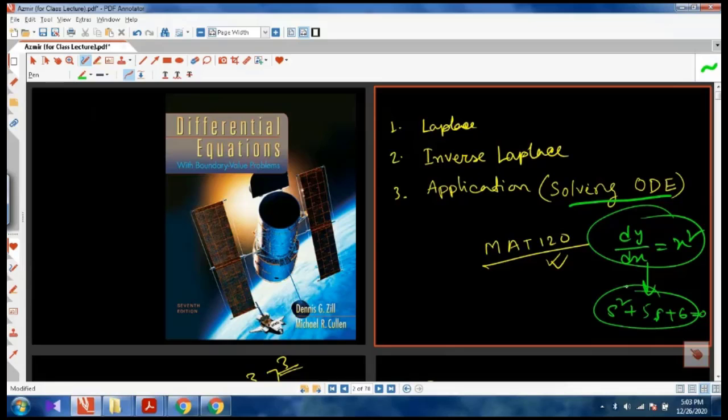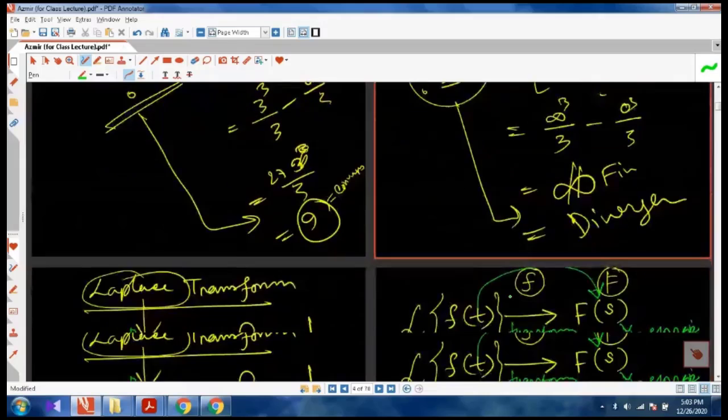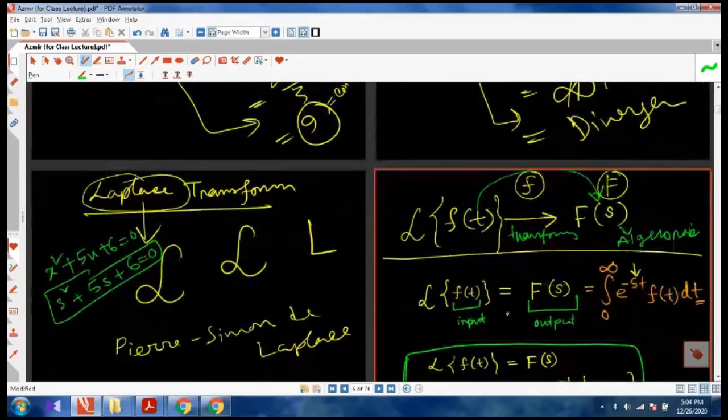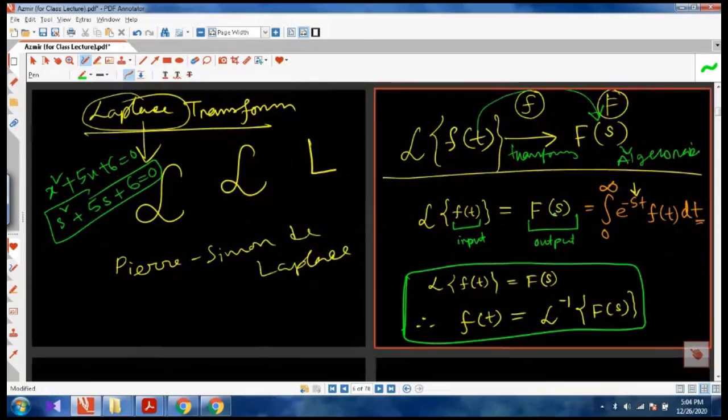So that's why the advantage of Laplace transformation is that it takes a function as input and converts or transforms the function to an output with s variable by using this definition, this integration from 0 to infinity e to the power minus st f of t dt.